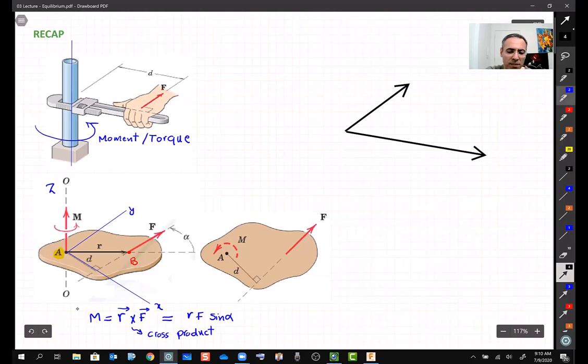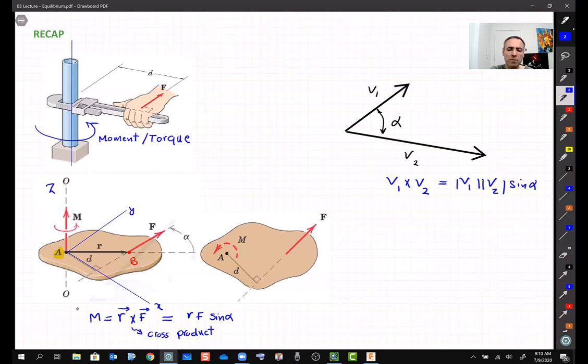Let's say I have two vectors here, V1 and V2, and the angle between them is alpha. So you learn that the cross product V1 cross V2 is equal to the size of V1, size of V2, sine alpha, right? And this gives us a vector, which is perpendicular to the plane of these two, V1 and V2.